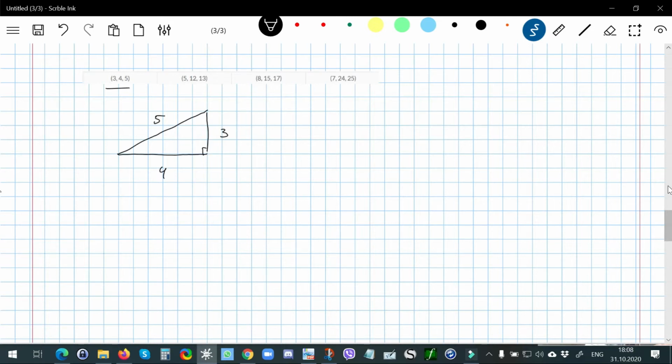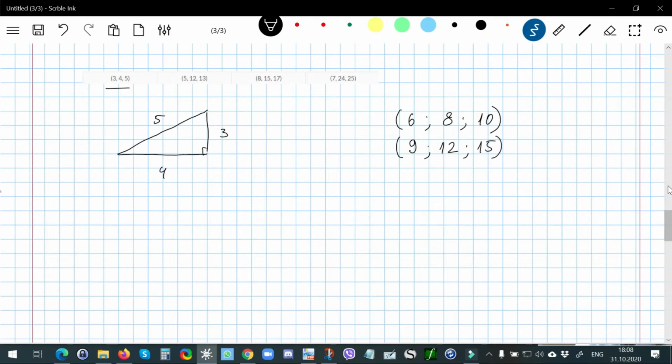The most common is this one, and remember that we can actually multiply it by any number. So we have a triangle with legs 6, 8, and then the hypotenuse is 10. If we multiply by 3, then we get 9, 12, and 15.